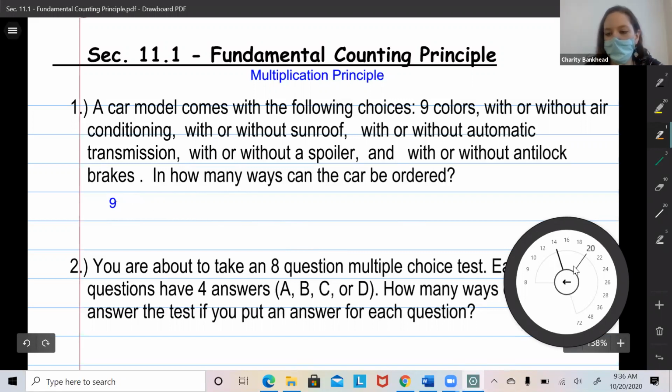So it's going to be 9 times 2 to the 5th power. 1, 2, 3, 4, 5. So 9 times all of those 2's, and that's going to give us our answer. Like I said, we can also just type in 9 times 2 to the 5th power. Same thing either way. That's 288.